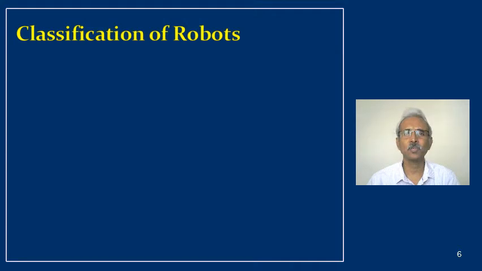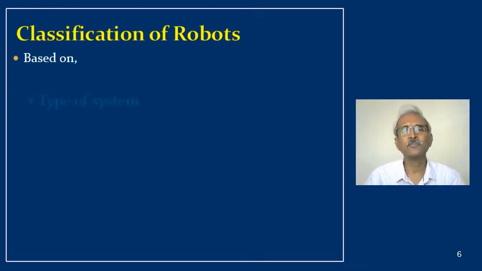So next is about the classification of robots. If you recollect my first lecture in the introduction, we discussed that there could be different types of robots. When you say different types, it could be the variation in the structure or the design, or the variation could be in the way the robot functions or the way the robot works. So let's see what are the various classifications of robots.